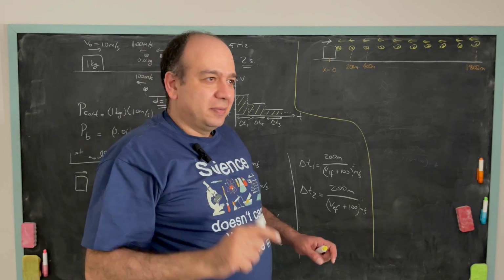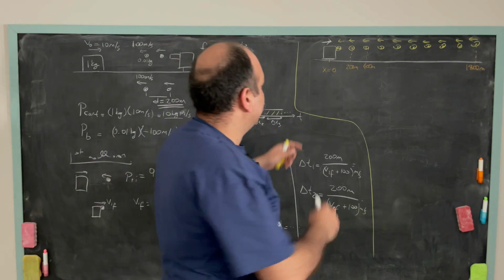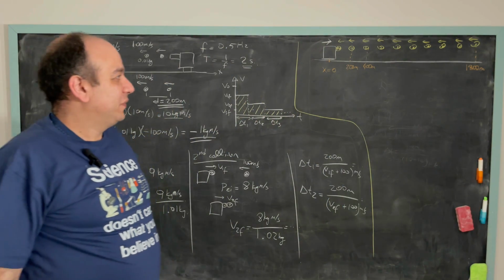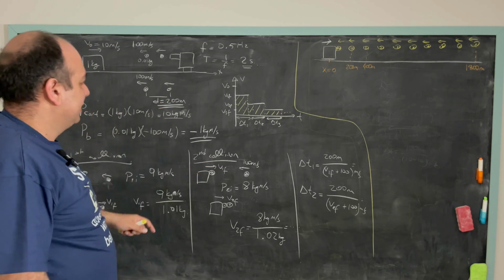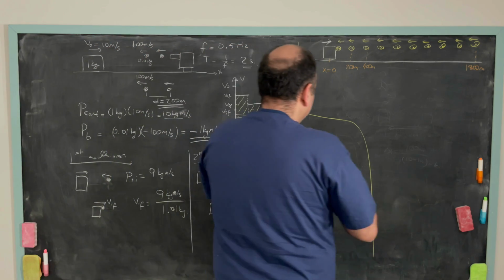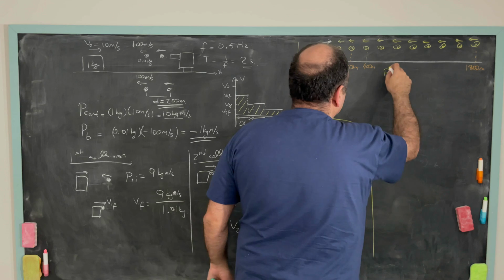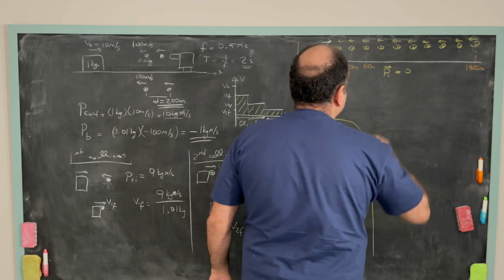First question: what is the linear momentum of this whole system? Well, I already know that this is 10 plus minus 1 times 10. So the linear momentum of this system, initially when time t is equal to 0, is simply equal to 0.